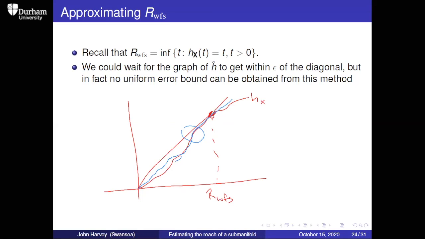So that means there's no way to say how good an approximate intersection is. How close should the blue line get to the diagonal before I can say, I think I'm near the intersection now? Could take forever for the red line to get up to that intersection. Not literally, because it's compact, but I don't see any way to bound it. So what am I going to do?